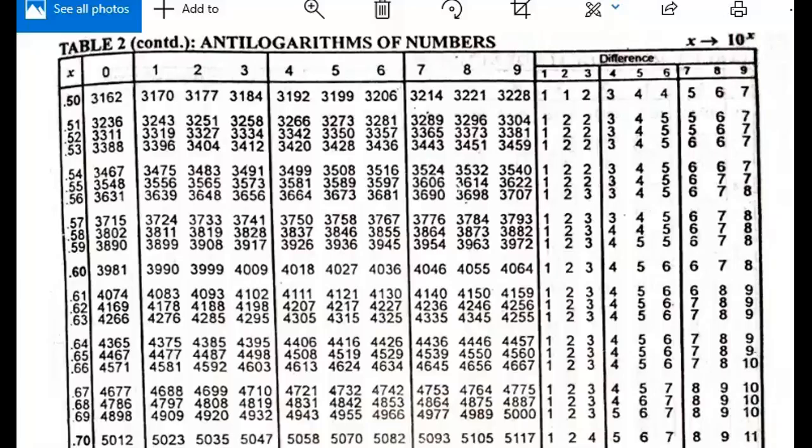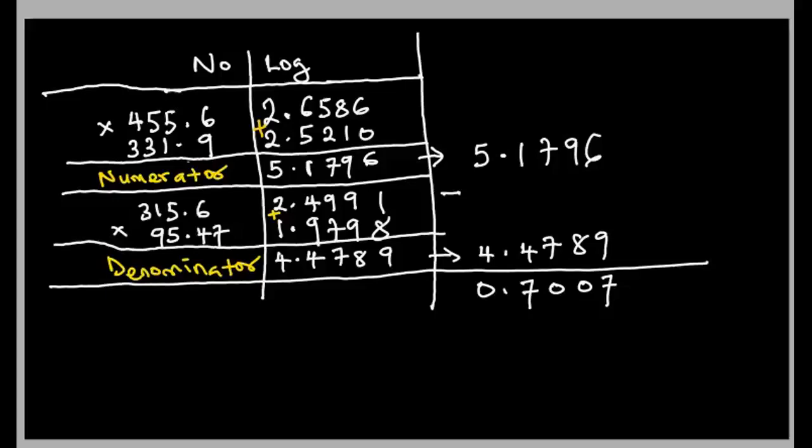Now difference of 7 is 8. So when you add 5012 plus 8, you end up having 5020.